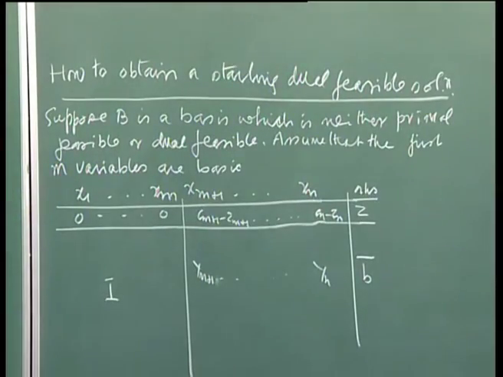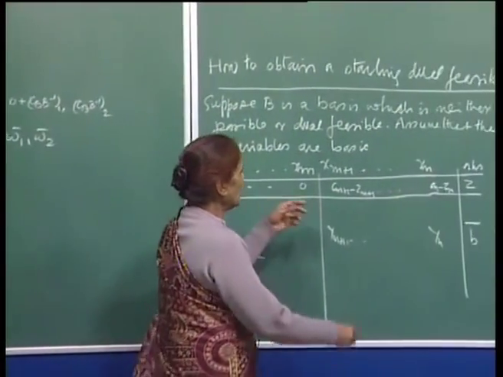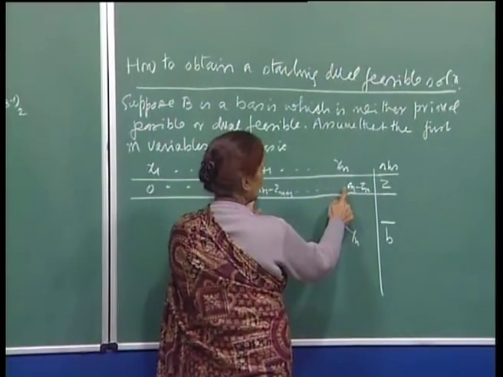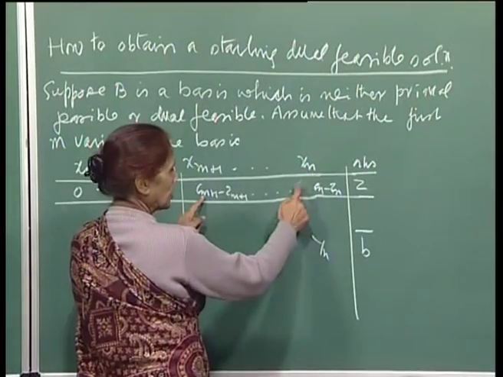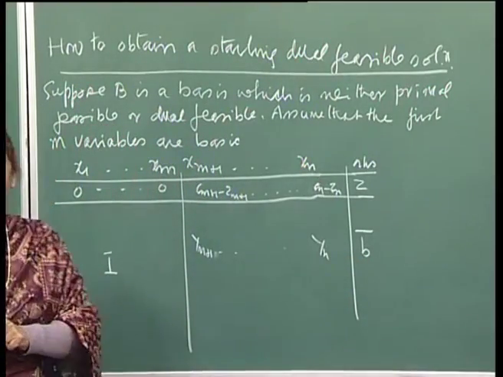Now, since the current basis is neither primal feasible nor dual feasible, there are some entries here which are strictly less than 0, and there are some entries here which are also negative.